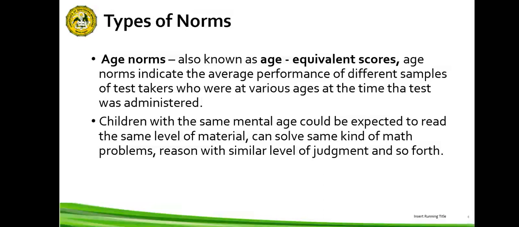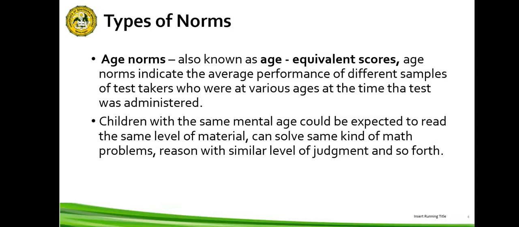For example, the 7-year-old takes a test to know the score of his intellectual ability. So, the results will reveal that the 7-year-old's score is the same as a 12-year-old child. So, therefore, that child has a mental age of the norm group.